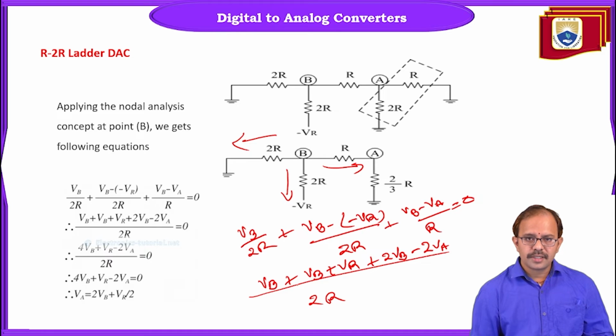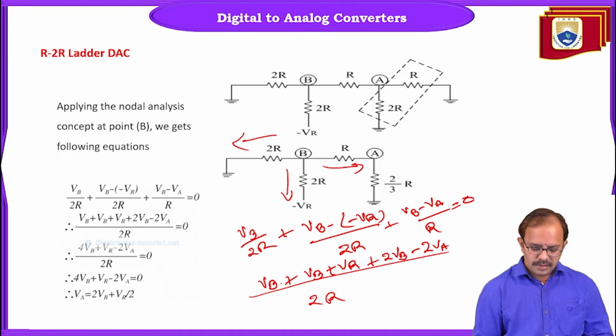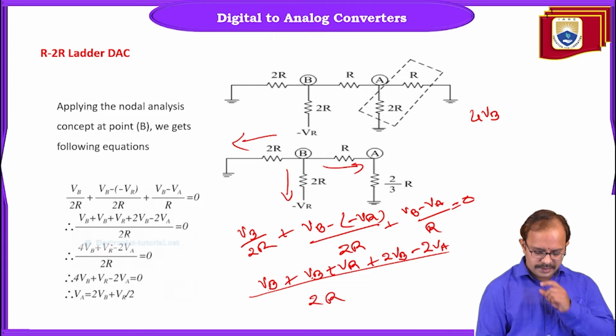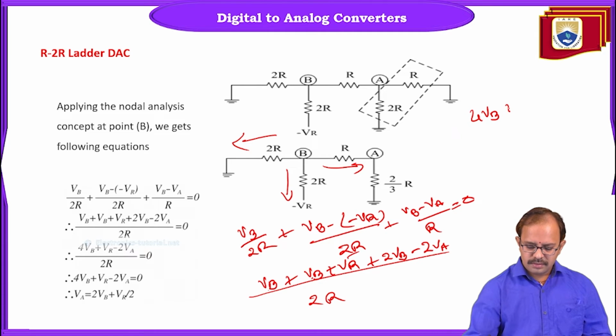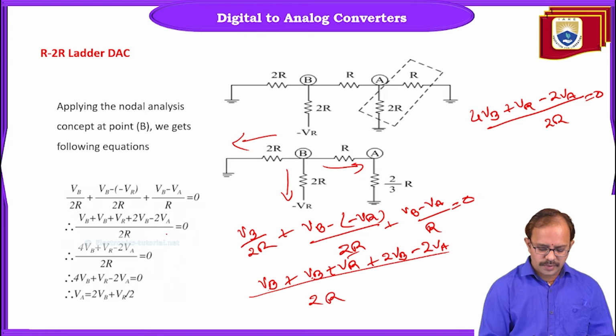So total how many terms are there for VB? There will be 1, 2 and then 4. So it is going to be 4 VB plus VR minus 2 VA by 2R equals 0. This is what we have.